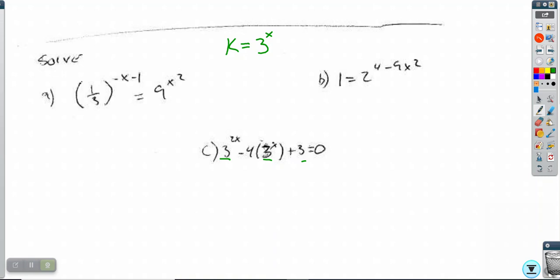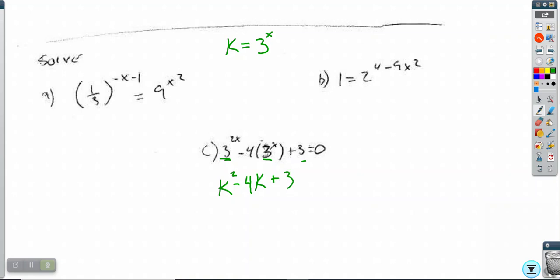Well, I want to do that because then for the first term, we have k, which is, remember, 3 to the x, and we're squaring it, so we'd be multiplying the exponents by 2, and that would get us 2x. That would leave me with minus 4k plus 3.